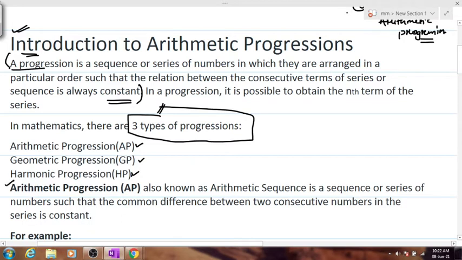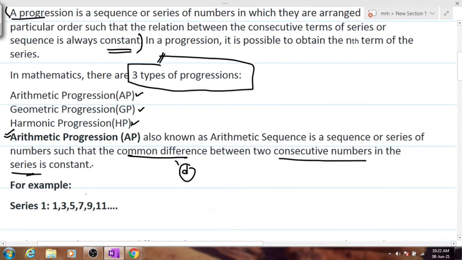Now copy the definition of arithmetic progression, as we have already seen in our pattern, that the common difference, which is also represented by small d, between two consecutive numbers of the series is constant. Clear? And you also happen to be copying this series number 1 for more clarity of concept. Clear? Kindly copy this entire thing down fast.